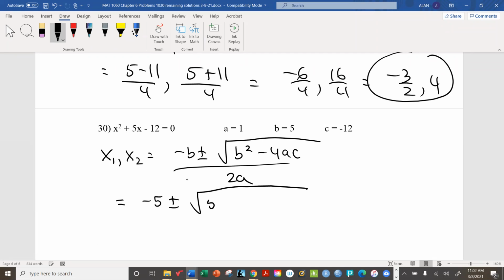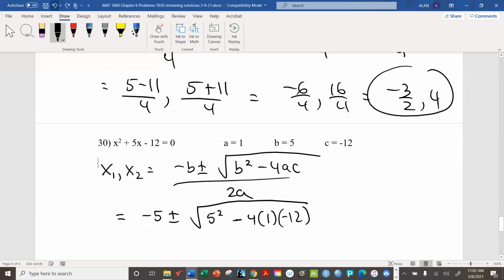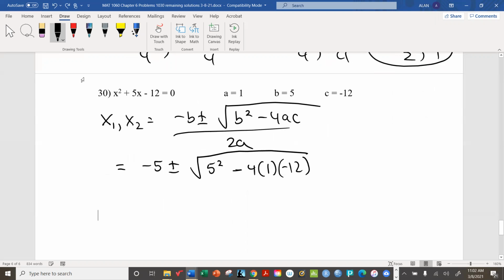So we have 5 squared minus 4 times 1 times minus 12 over 2 times 1.